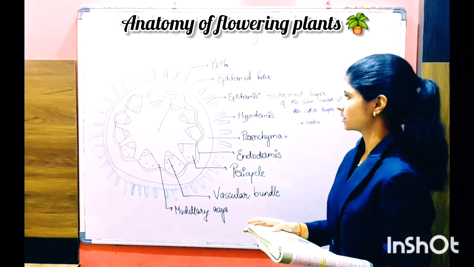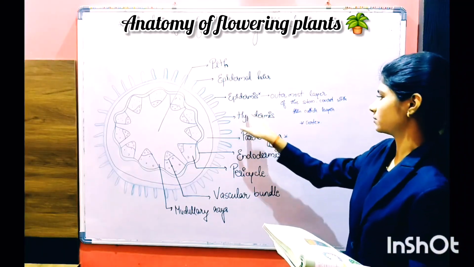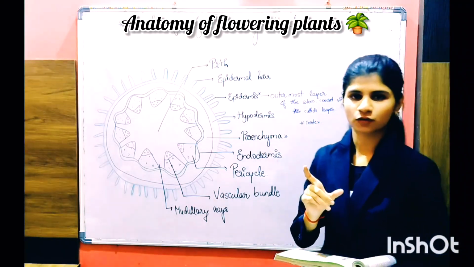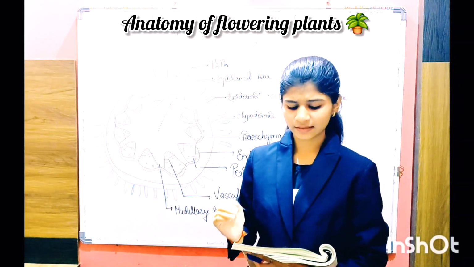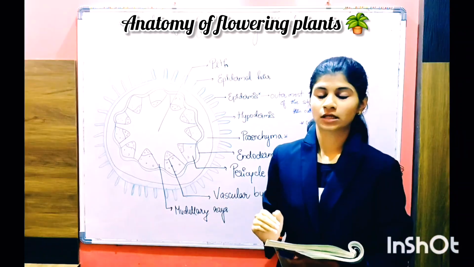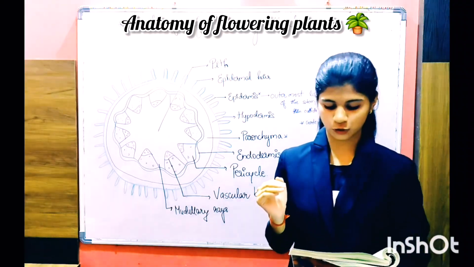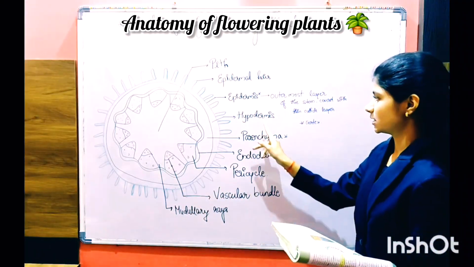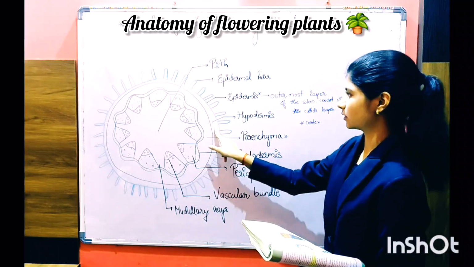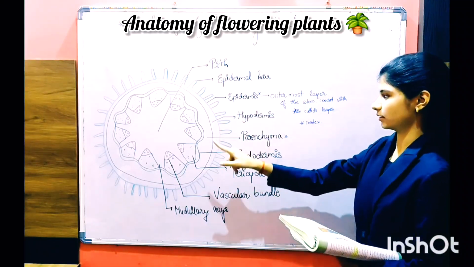Now what is the cortex? The cortex lies between the epidermis and the pericycle. It consists of three subzones. What are these three subzones? The outer one is the hypodermis, just after the epidermis layer.